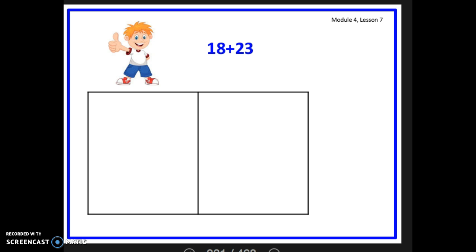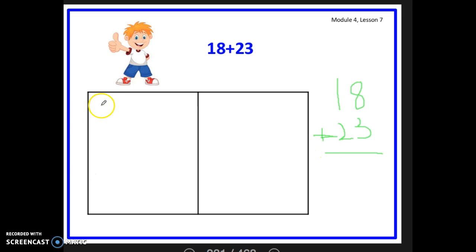You have 18 plus 23. Pause the video, write it down, solve it, and come back. All right, so you should have written 18, and then right underneath it is 23, then your line, then your plus sign.